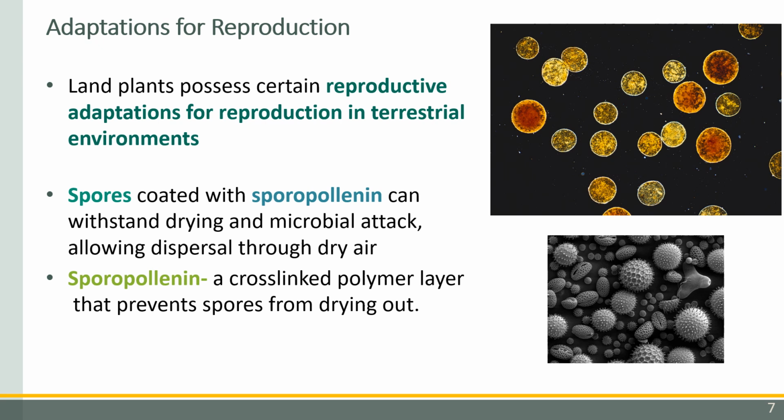And because they're dry and they're tiny and they're light, they can be dispersed through dry air. You can see different pictures of spores here. I really like this electron microscope image in the bottom right-hand corner just because it shows some of those really cool textures. Again, we haven't really talked about what a spore is, but we will do that once we get to alternation of generations.